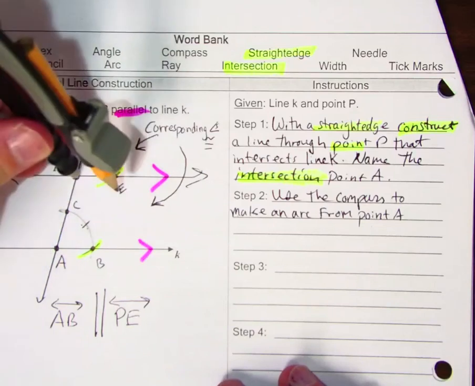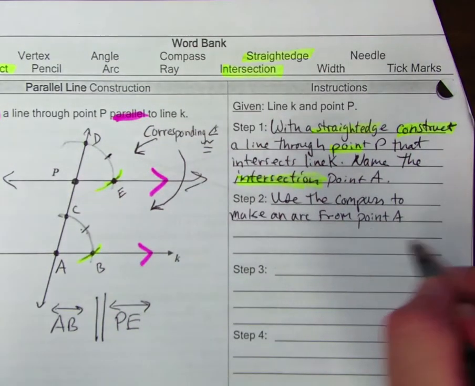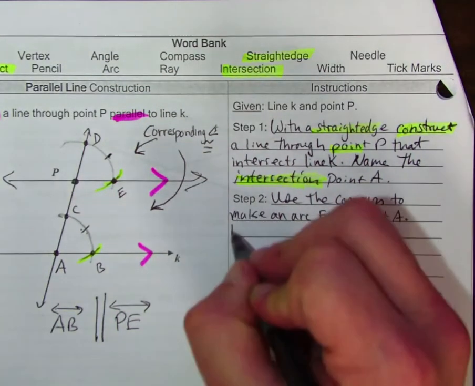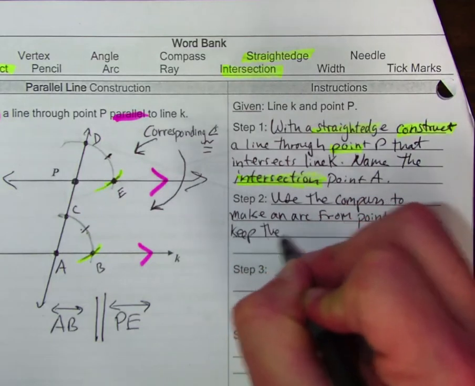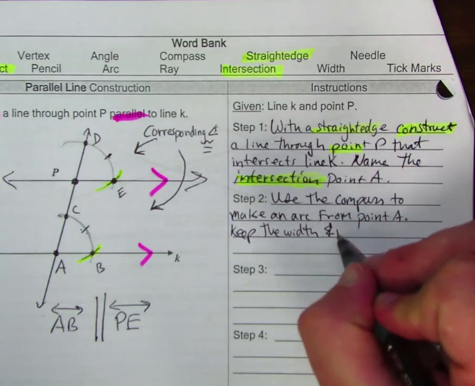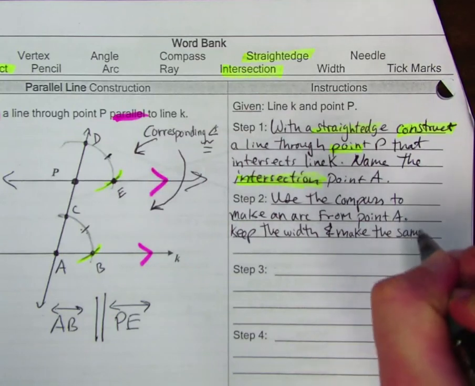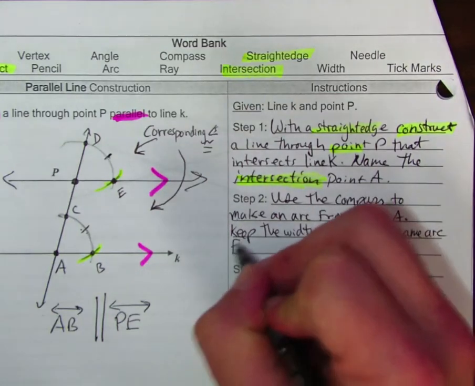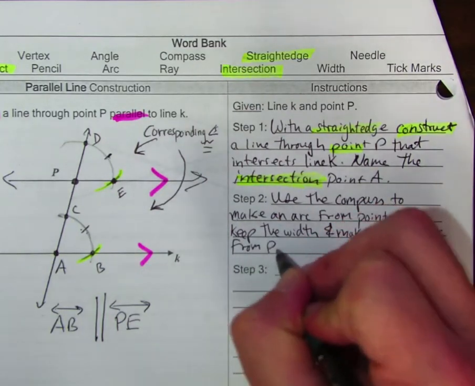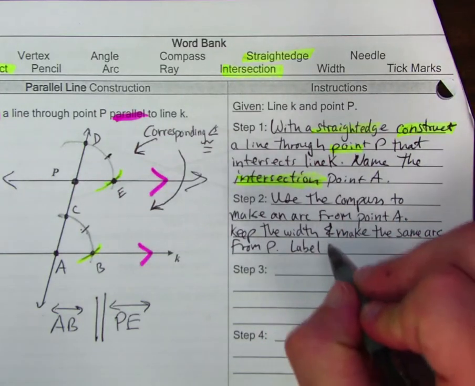An arc, and then we did the same arc from point P. So we're going to keep the width, and make the same arc from P. We're going to label our intersections B, C, and D.